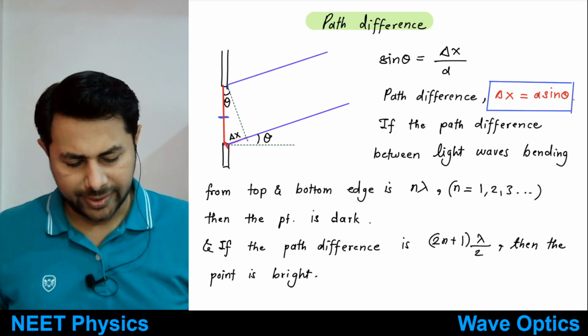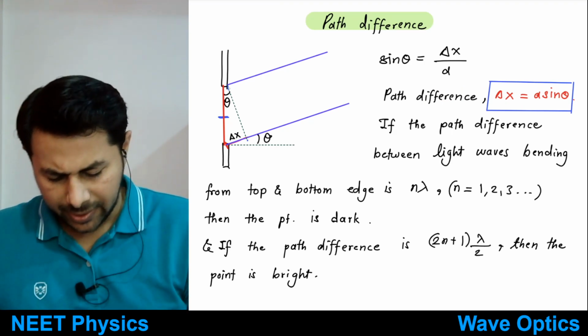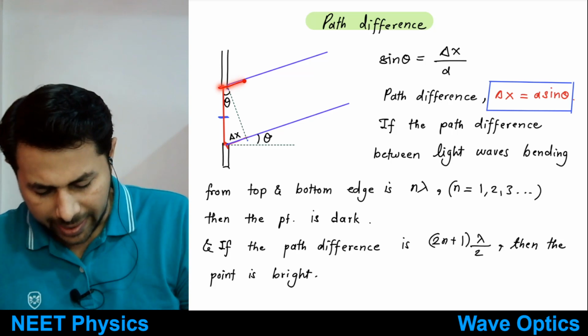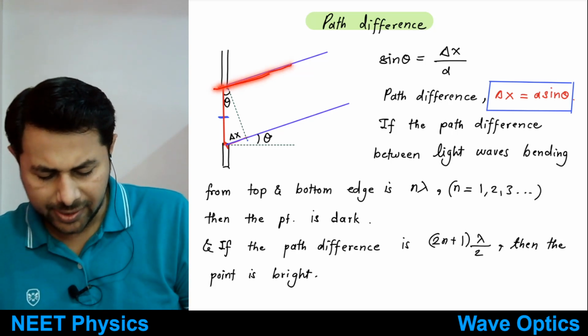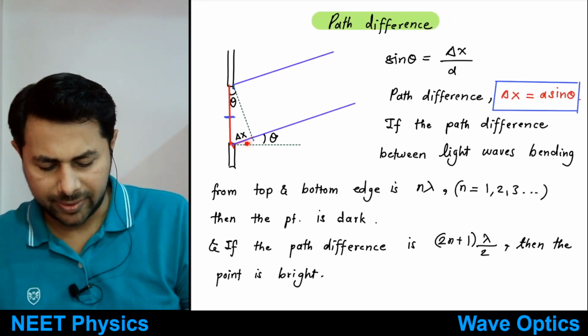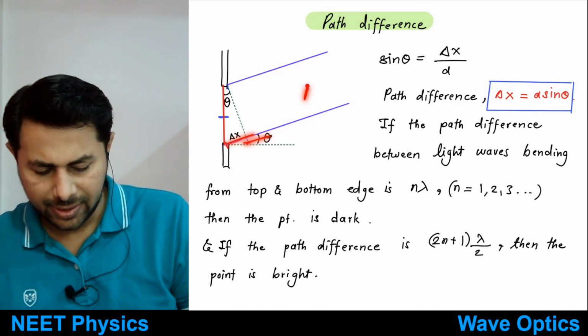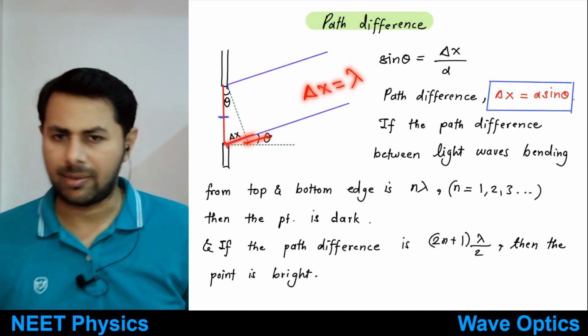See the first condition. Let's imagine that the path difference between the light bending from this edge and this edge is equal to lambda. That means delta x is equal to lambda.